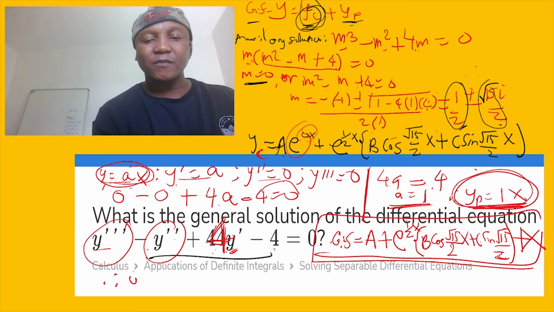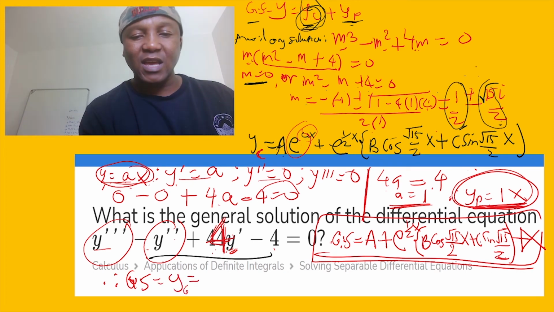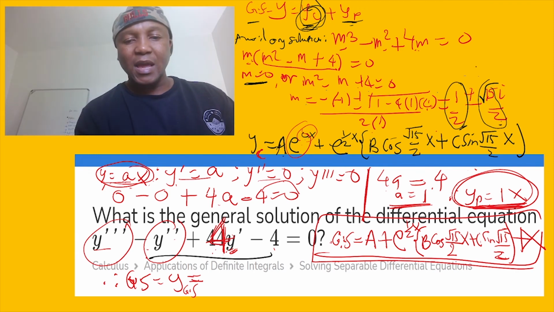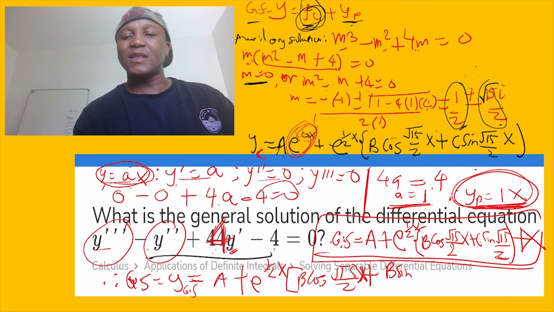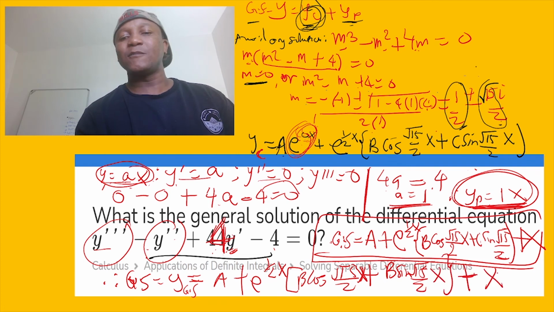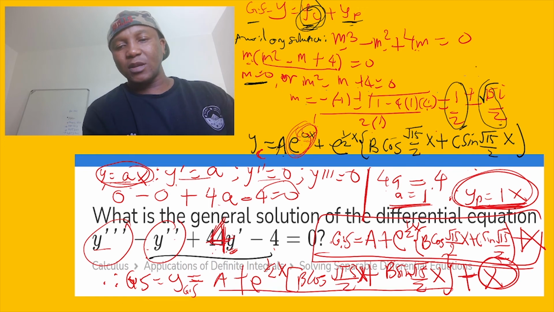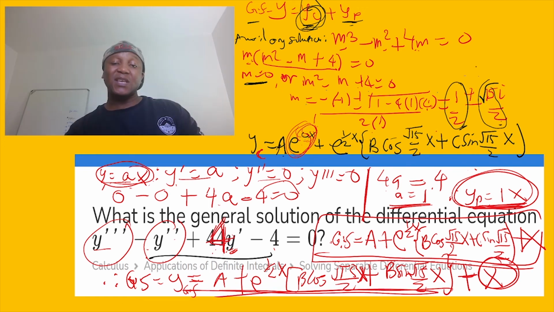Another way to say it: y general solution equal to a, because e power 0 equal to 1, plus e to the half x times the bracket b cos of square root of 15 over 2 x plus c sine of square root of 15 over 2 x, and then plus our x. This x is the particular solution, and all the rest is the auxiliary solution.